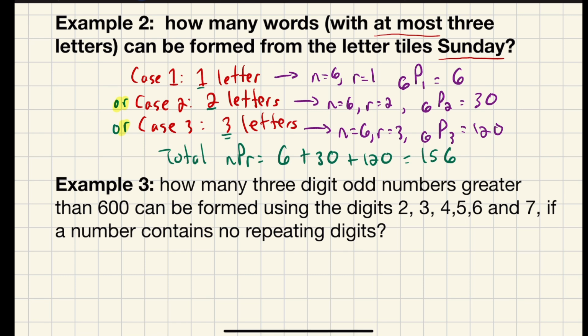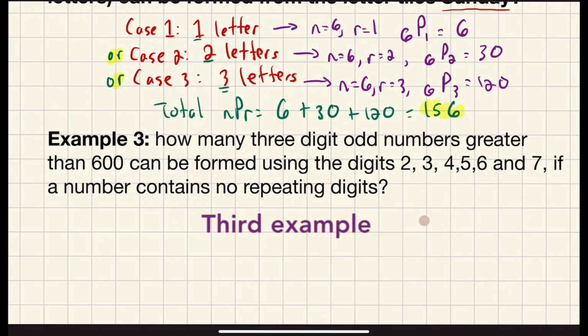For our third example here, how many 3-digit odd numbers greater than 600 can be formed using the digits 2, 3, 4, 5, 6, and 7 if a number contains no repeating digits?